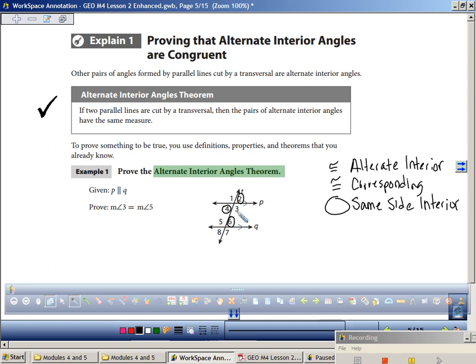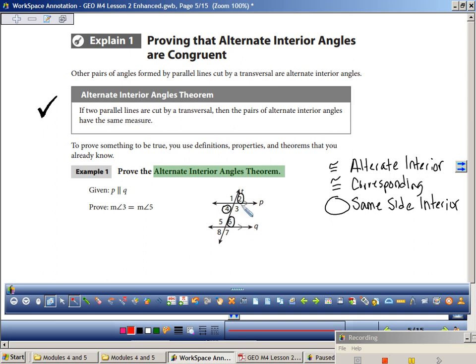Same side interior is the only one that's different. They're on the same side, just like a linear pair makes up a line. Aren't the 3 and the 6? If you took the angles and tweaked them, turned them around, they would also make a line. They don't make a line right now, but if you were to manipulate them, I wonder if I can do this with tools. Let's check it out. Here's 3.